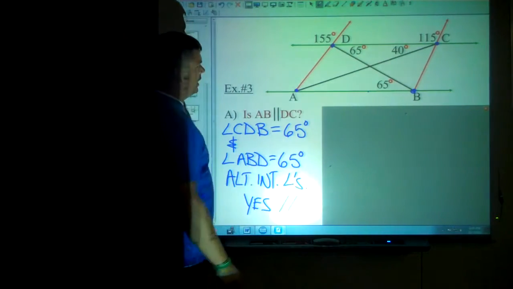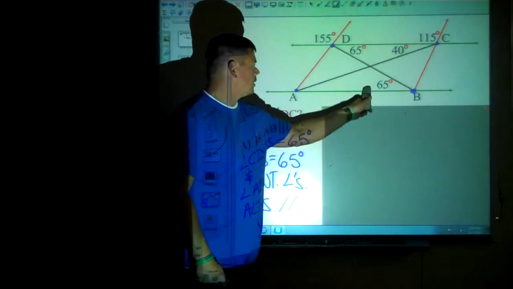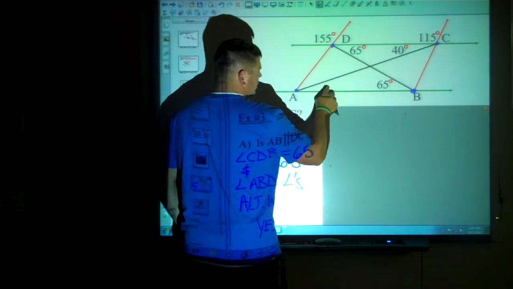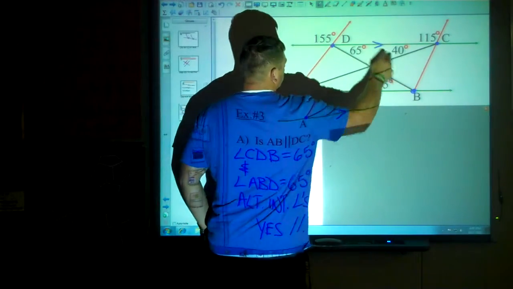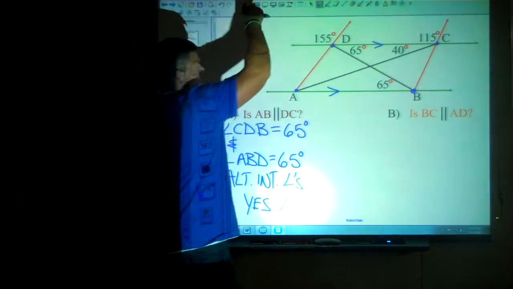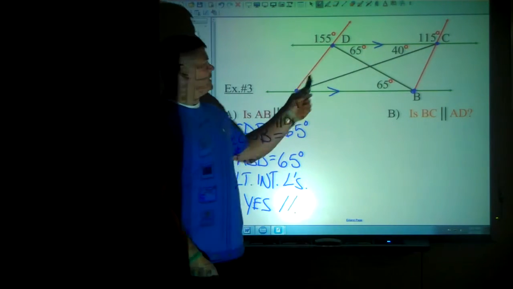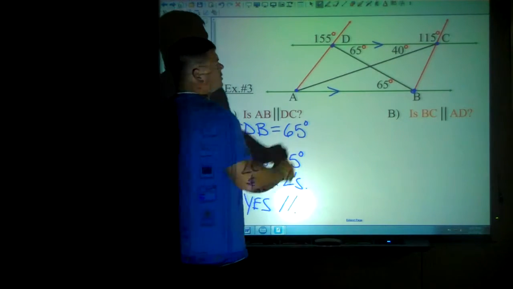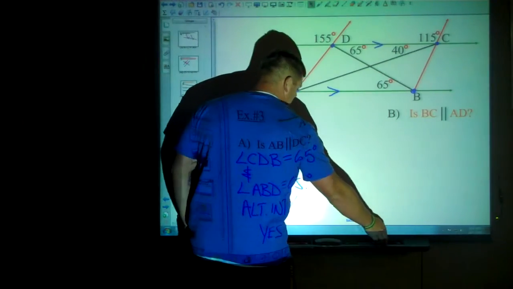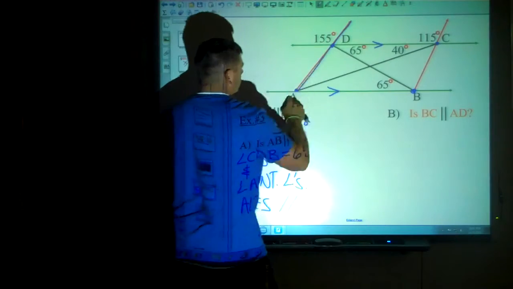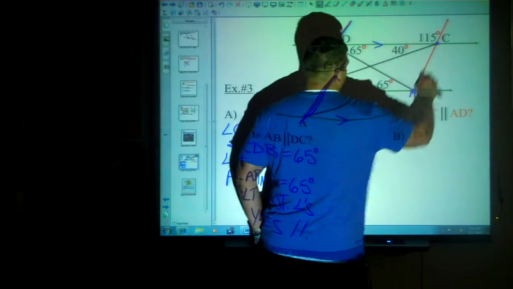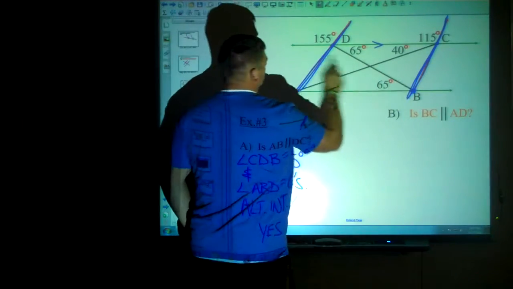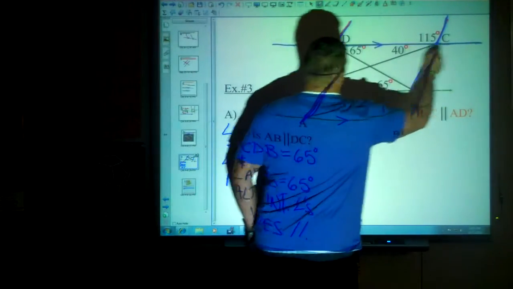Now the next question we have, I can go ahead and label this parallel, parallel. Are BC and AD, the red lines, parallel? Now, if you look at this particular situation, you've got this line here and this line here, and we're curious whether they're parallel. Those are the two lines being cut by this transversal.